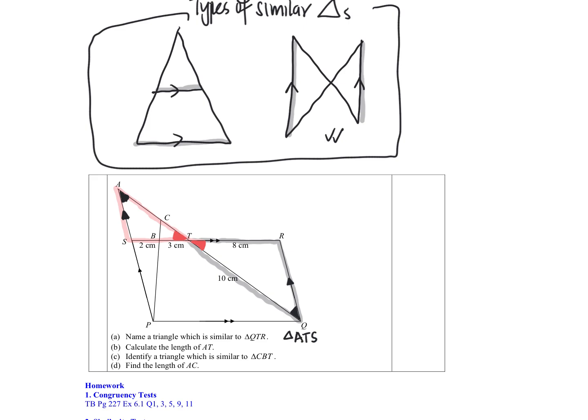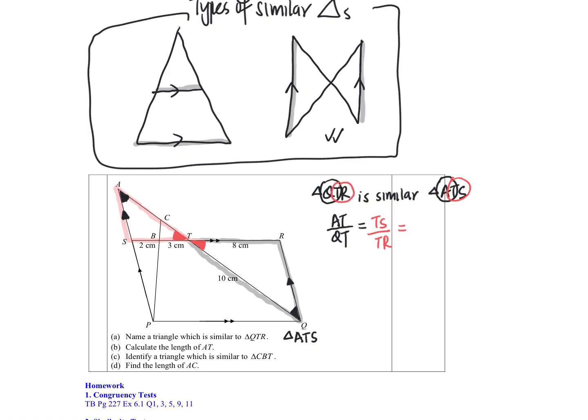Okay, I want to compare the ratio of the corresponding sides. So if you don't want to redraw and you already know that these two are similar, you can use the order to help you. So you want to find AT, you must compare its ratio with QT. So you can write that pair down first. Then the next pair you compare with is TS. You will compare it with TR.